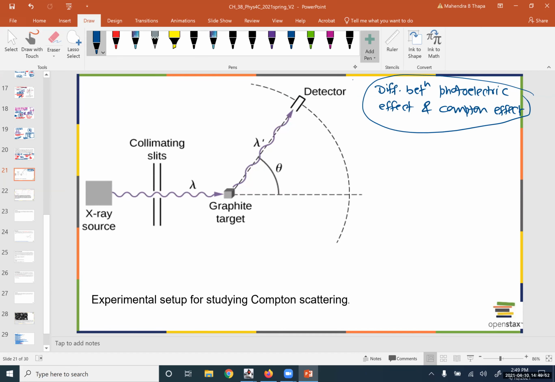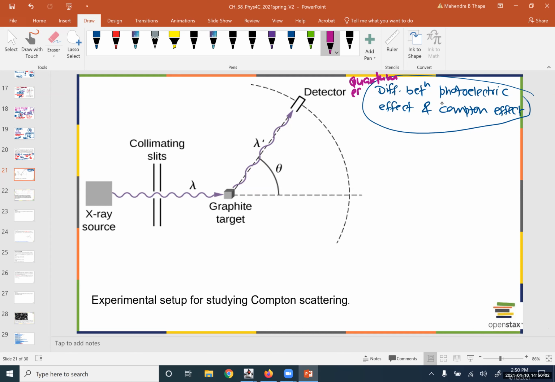Both are examples of the quantum effect, which cannot be explained by classical physics.